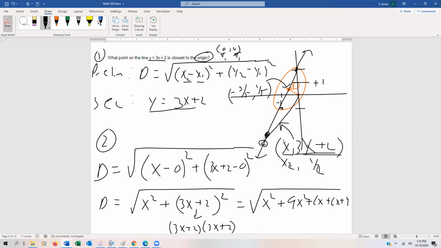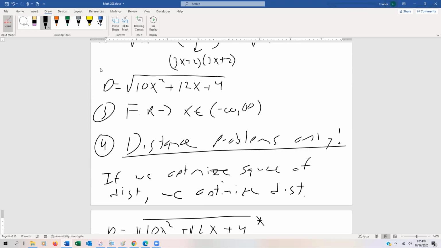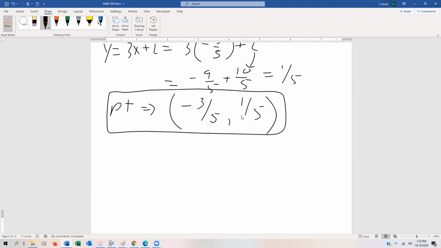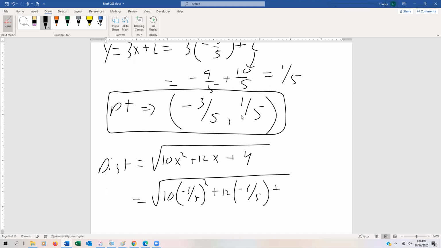What is the minimum distance, by the way? That should be a problem that we think about. Remember, distance is the square root of 10x squared plus 12x plus 4, which is the same thing as the square root of 10 times negative 3/5 squared plus 12 times negative 3/5 plus 4.